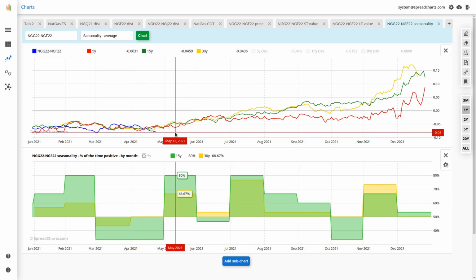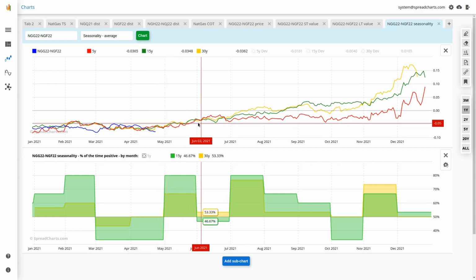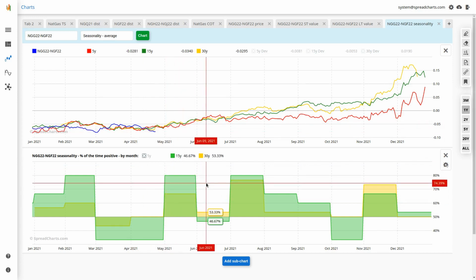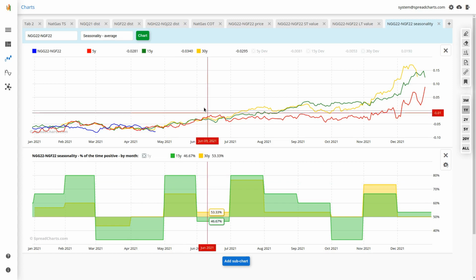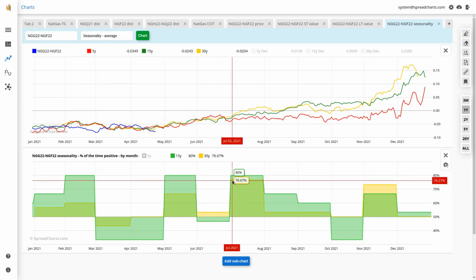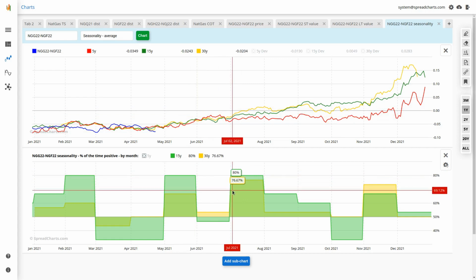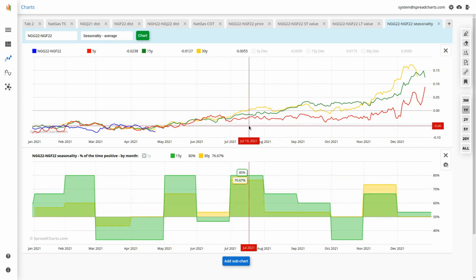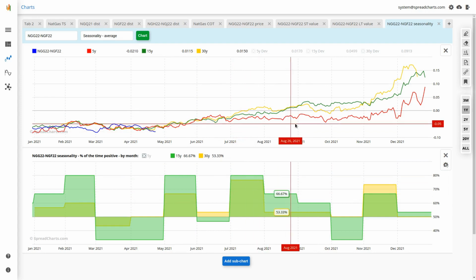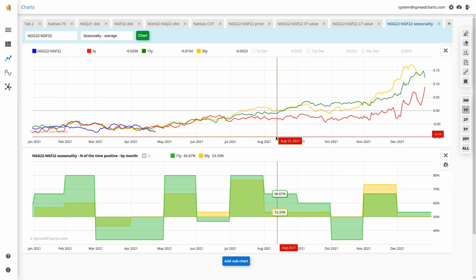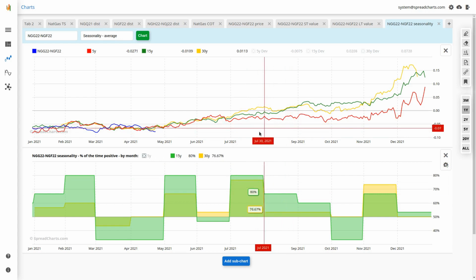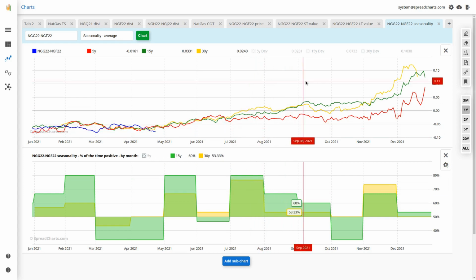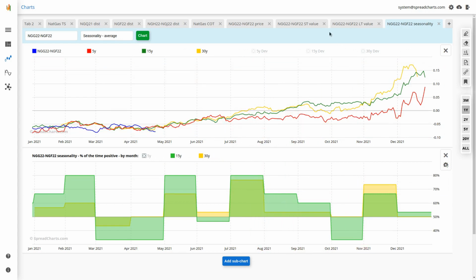So the month of May is great for this spread. June is roughly neutral, a sideways action, but then the spread enters a longer period of favorable seasonal tailwind. So from the seasonal standpoint, it's looking good.